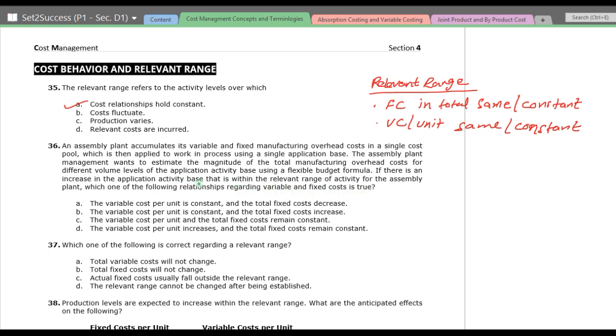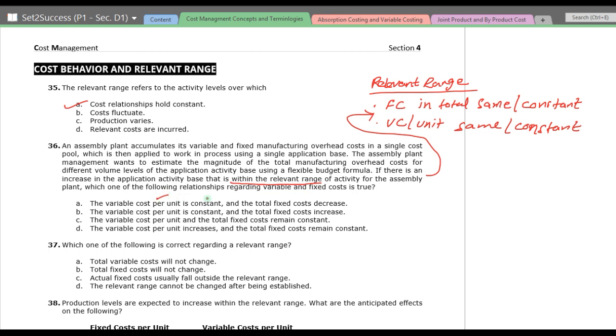The relationship is constant under the relevant range. So within the relevant range, two things happen. That is, fixed cost in total is the same and constant, and variable cost per unit is the same and constant. Let us see. The variable cost per unit is constant.